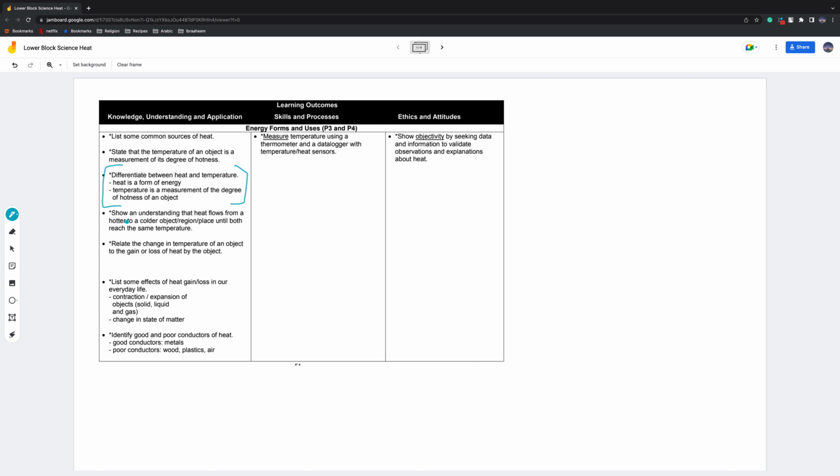You need to understand that heat flows from a hotter to a colder object. It could be a region, a place, it doesn't have to be an object. It could be from a hotter room to a colder room, until both reach the same temperature. This is again a key phrase that you might use in a question.